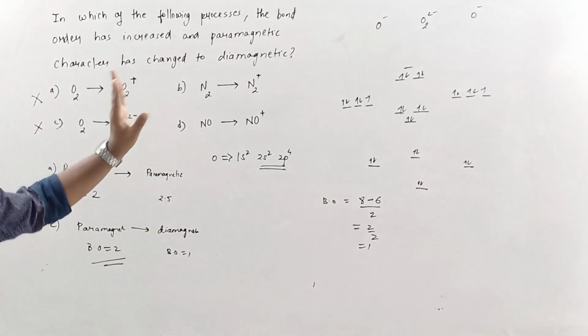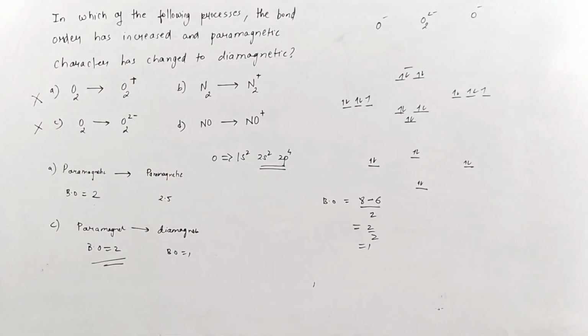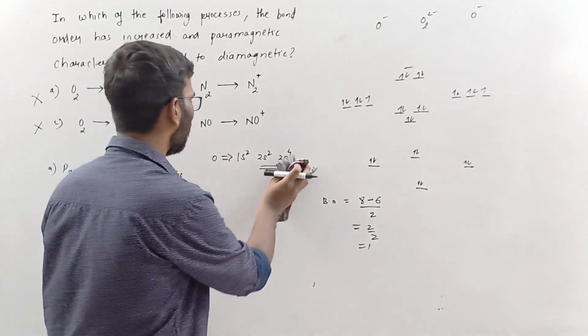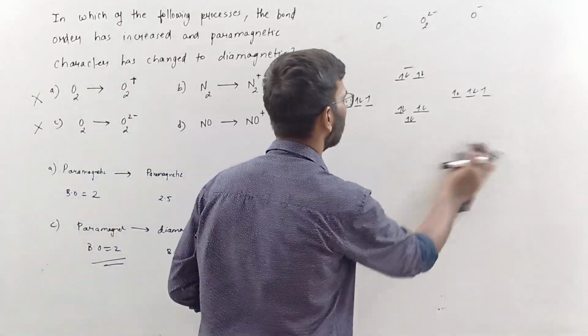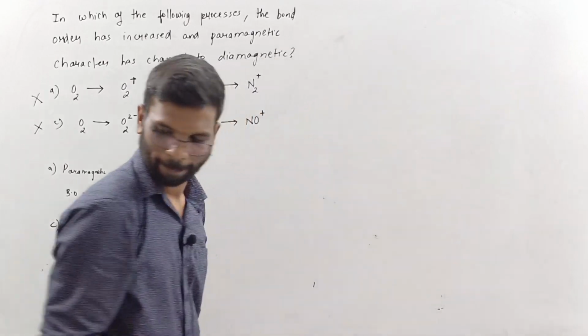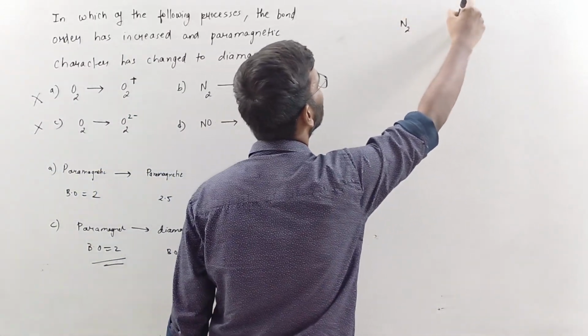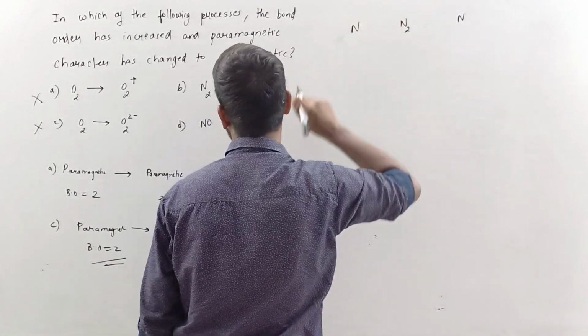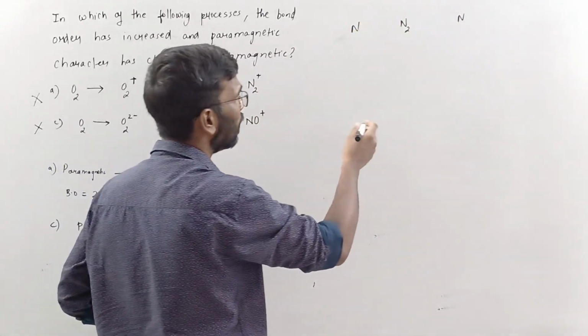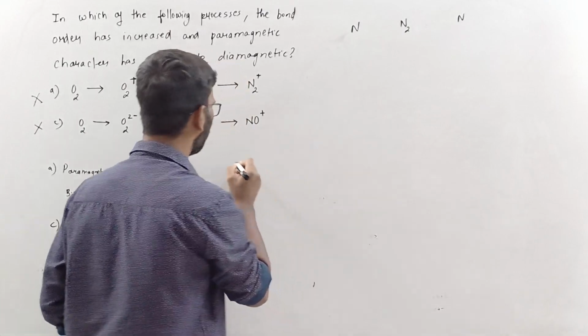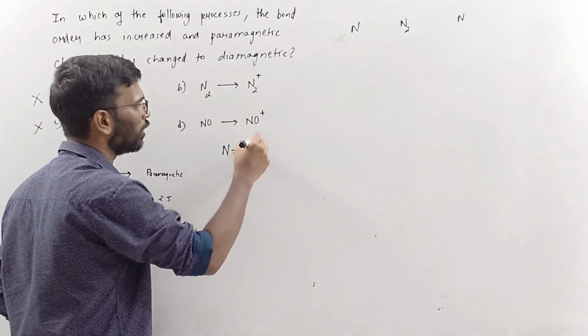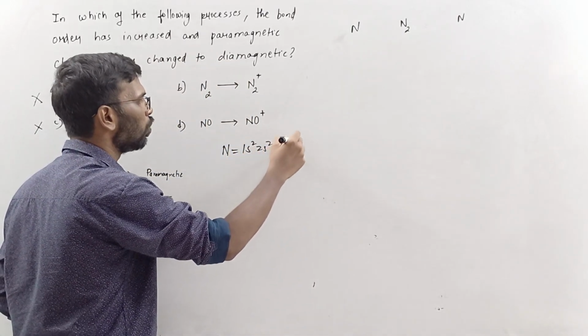So let's do it for the nitrogen. Nitrogen diagram will be this way. Simplest we have to draw. N2, this is nitrogen. We know that bond order of nitrogen is 3. The electronic configuration of nitrogen is 1s2, 2s2, 2p3.